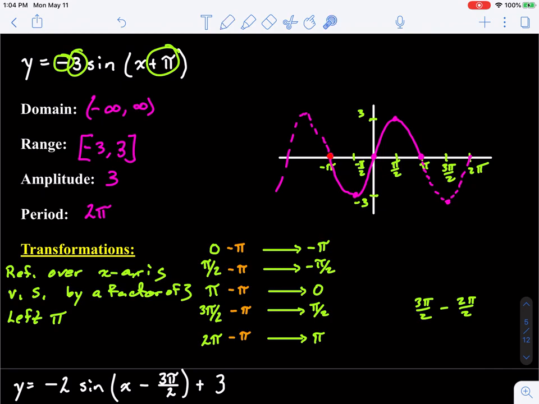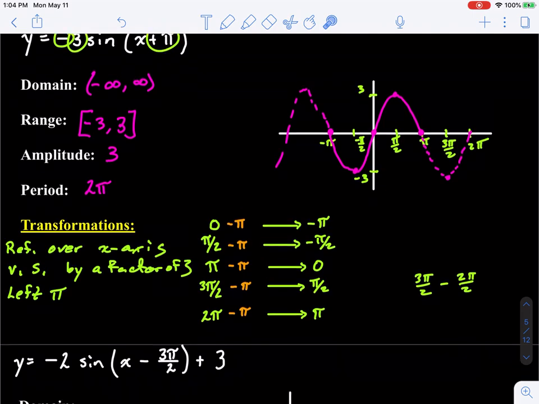If you're going from negative pi to positive 1 pi, that's a distance of 2 pi. So that is our period. The only thing that will change that period is going to be a horizontal stretch or compression. We will not be dealing with that this year. You will bring that in next year.